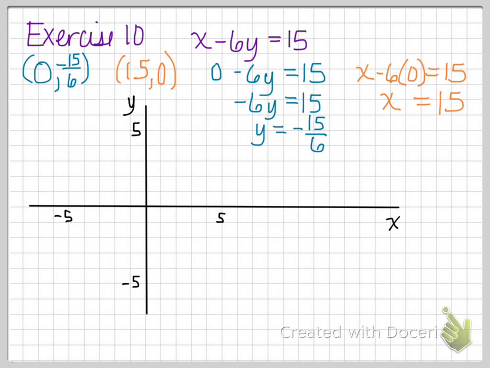Okay, so let's graph the x-intercept. It is at 15, 0. So there's 5, 2, 3, 4, 10, right there. And let's simplify negative 15 sixths so that we can see where to plot that. It's 2 and something. So if we simplify that by dividing top and bottom by 3, we're going to get negative 5 halves, which is negative 2 1/2.